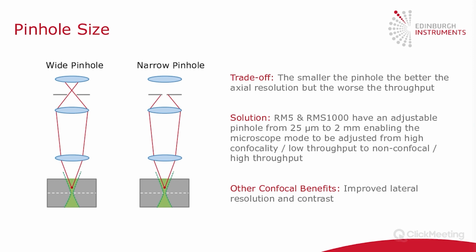So in Raman and photoluminescence microscopy, you typically have a lot of background light. So in Raman, background fluorescence, and in photoluminescence, you have background scattering. And by narrowing the pinhole width, you remove this background and improve the contrast of your Raman and photoluminescence images.